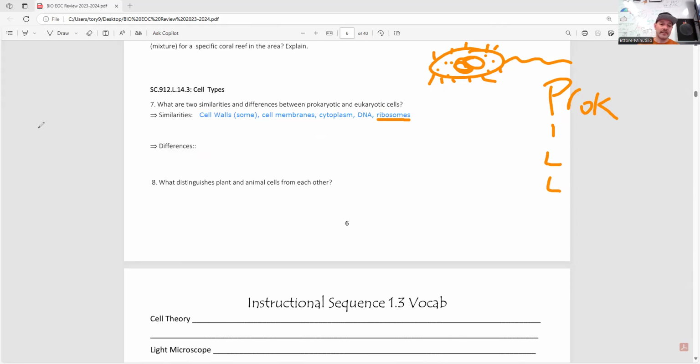Now, as far as some differences between prokaryotic and eukaryotic cells, if we haven't said it yet, you are made of eukaryotic cells. Let's take a look at some of our differences here. Eukaryotic cells. EUK is euks. We're going to have things like membrane-bound organelles.